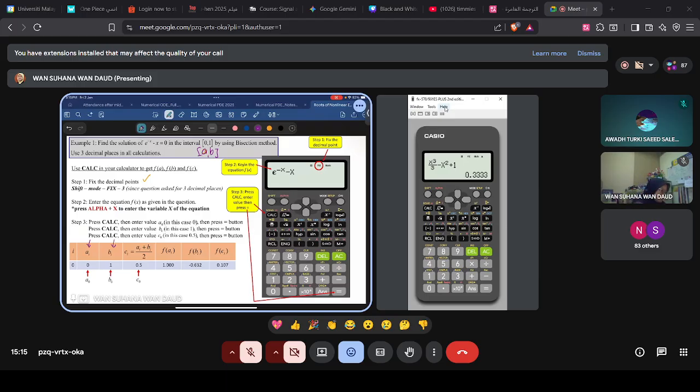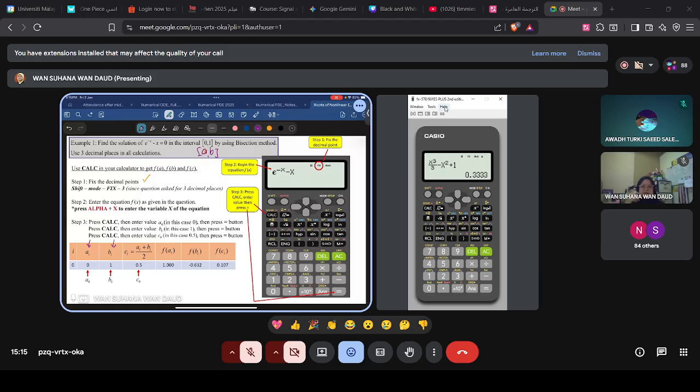The question says to use 3 decimal places, so we fix the decimal points. This is easy for you, and you can avoid making rounding errors, because some students are quite confused about rounding values.